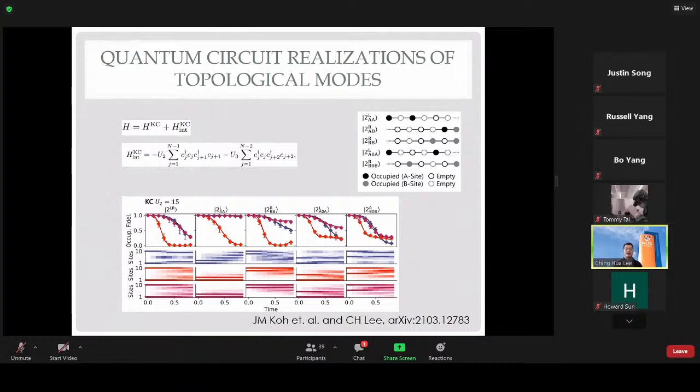I would say this is the first time that topological modes protected by single-particle lattices are realized in this way. For more details, you can read this paper by me and my group.